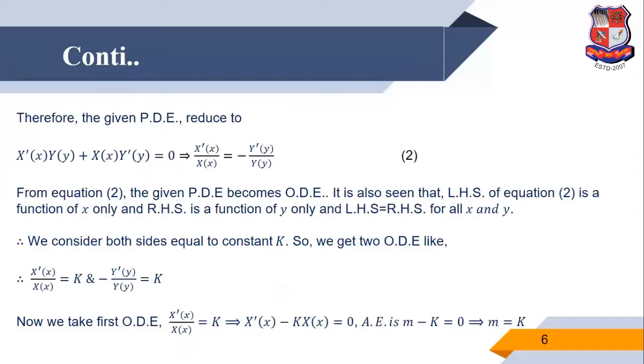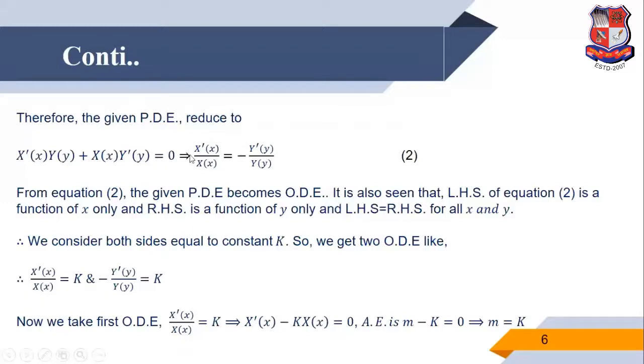So this implies X'(x)/X(x) = -Y'(y)/Y(y), which is considered equation 2. So from equation 2, the given PDE becomes ODEs. Now this is an ordinary differential equation. This is also an ordinary differential equation.